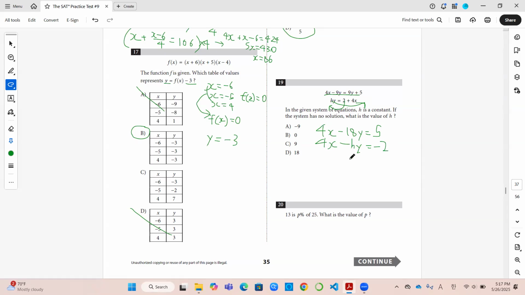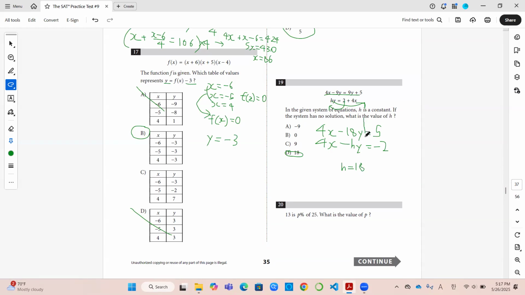Here, I can tell that h is equal to 18 because for the first equation, 4x minus 18y is 5, and for the second, 4x minus 18y is minus 2. So what solution for x and y can satisfy both of these equations simultaneously? Nothing can, right? So that is why h is equal to 18 in this case.